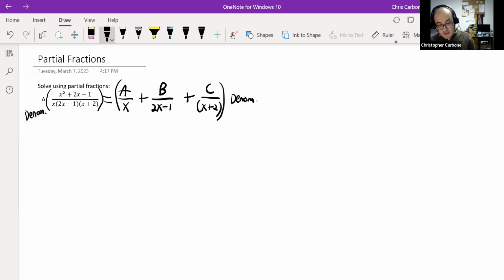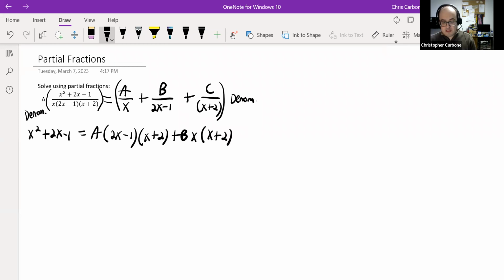Multiplying that through, we would get on the left side x squared plus 2x minus 1 is equal to a times 2x minus 1 times x plus 2, plus b times x plus 2, plus c times x times 2x minus 1.